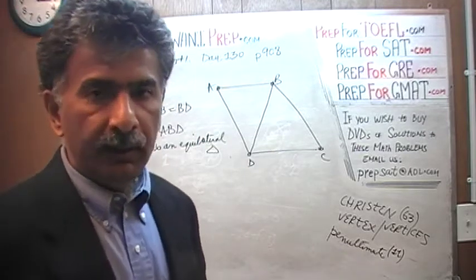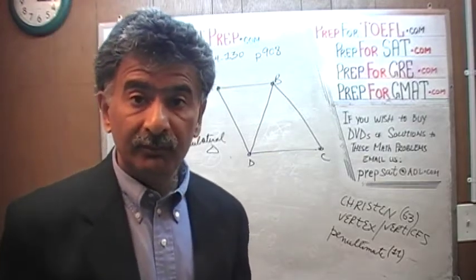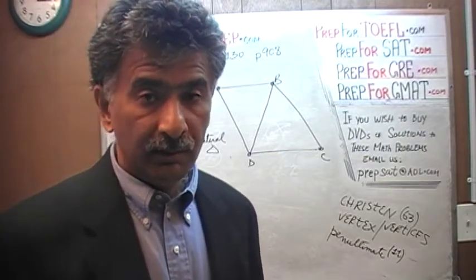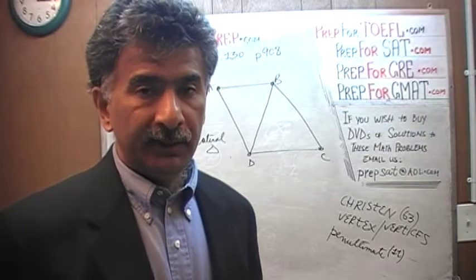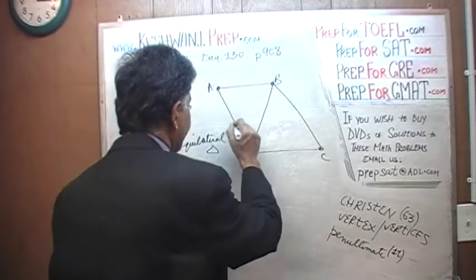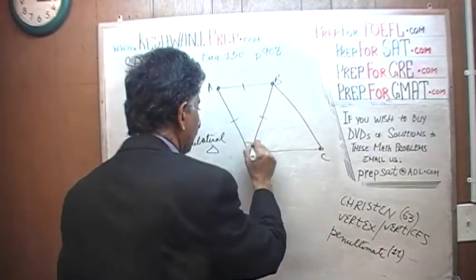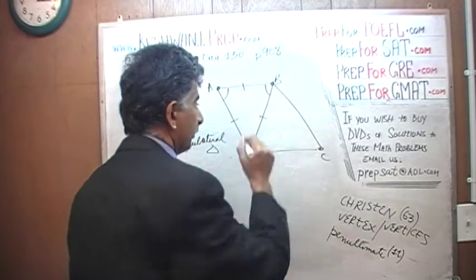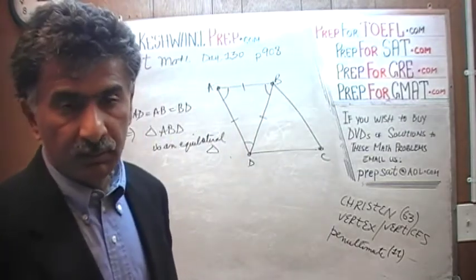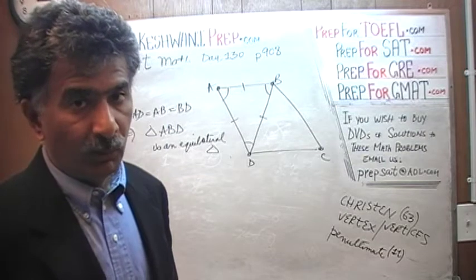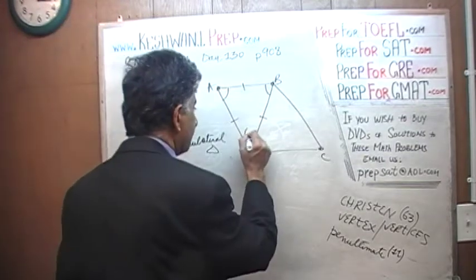And what do we know about an equilateral triangle? We know the sum of the angles in any triangle is 180. And in an equilateral triangle, all 3 sides are equal to each other, and so are all the 3 angles, because the 3 sides are equal to each other. And since they have to add up to 180, 180 divided by 3 is 60. Each angle is 60 degrees.